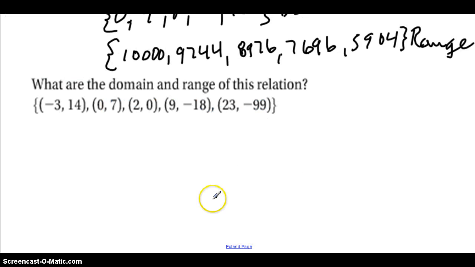So this would be a relatively easy question to solve. What are the domain and range of this relation? Well, your domain would obviously be all your x values, and your range would be all your y values.